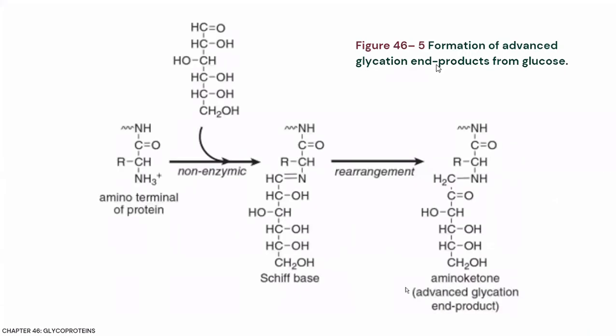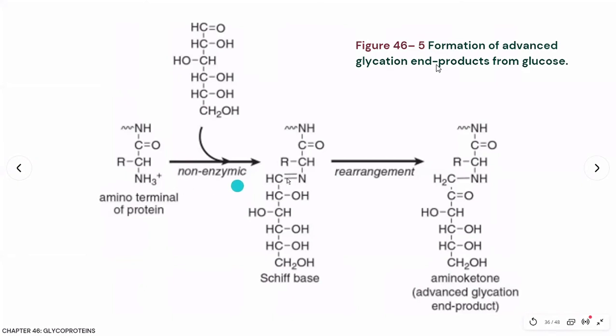Okay, so this is your protein molecule, with its terminal amino acid. Here is glucose, non-enzymic, and it reacts with the amino group here, with the aldehyde group. There you are.